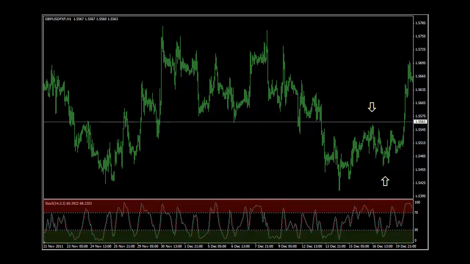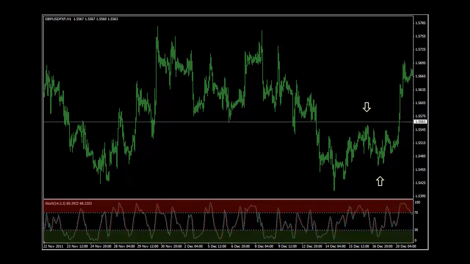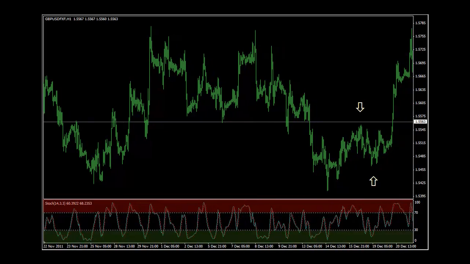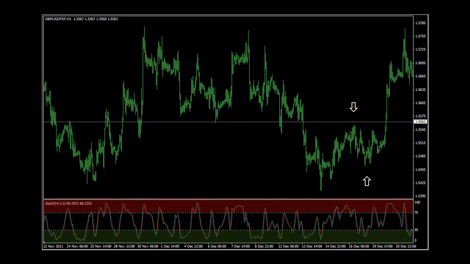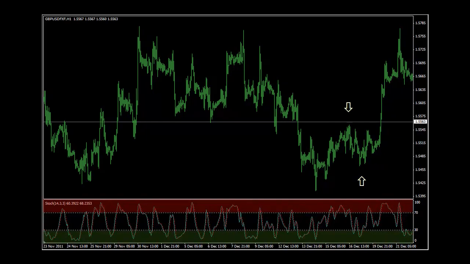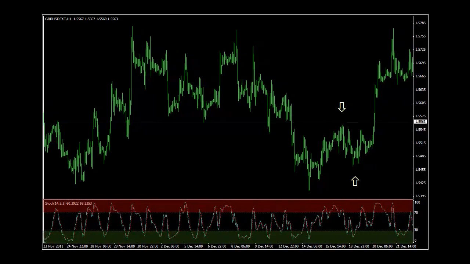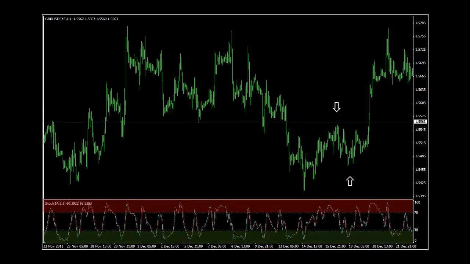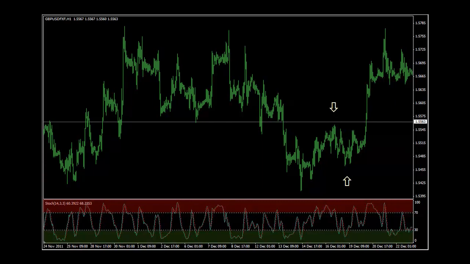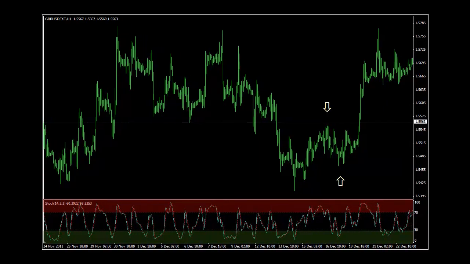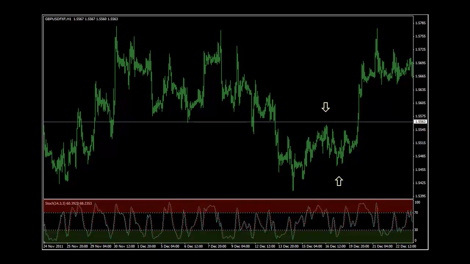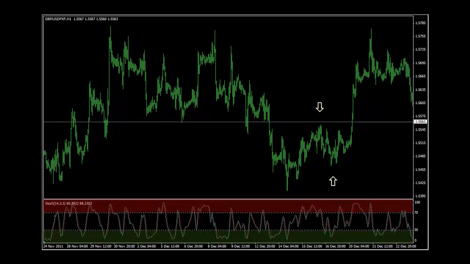Okay, we now have an overbought condition. One would reasonably expect to see prices decline. Now we're oversold again. We look for a move higher. Now we're overbought again. Now we're oversold again.